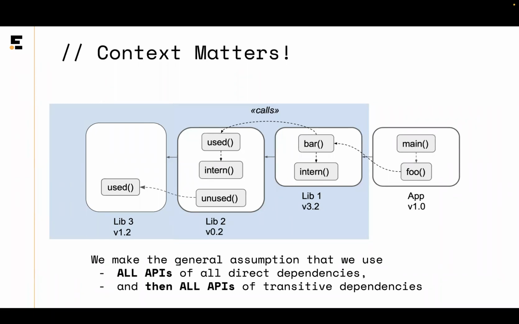In app version 2, you might call the intern function, and intern doesn't really call anything else. But in order to compile all the source code, we will still need lib2 and lib3 in the dependency tree. In general, it's very important to understand what APIs are being used and what kind of functions we are reusing from the library, because we are not reusing the entire library, only parts of it. And because we're using some parts of lib1, that also means we're using some parts of lib2 and further on some parts of lib3. So understanding this is crucial.